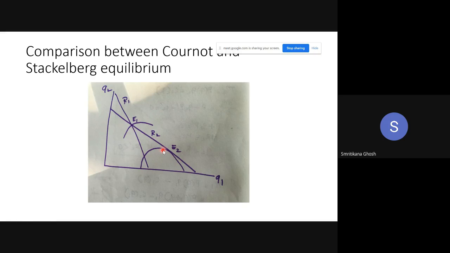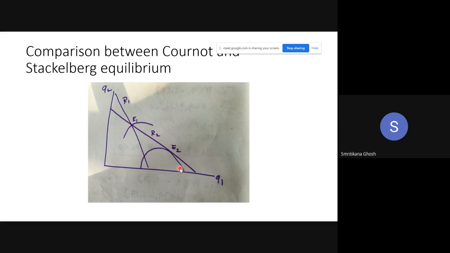If you are just a follower, then your profit level is represented by this isoprofit curve, and this profit level is definitely lower than the profit along this isoprofit curve, and you can achieve these isoprofit curves once you are a leader.